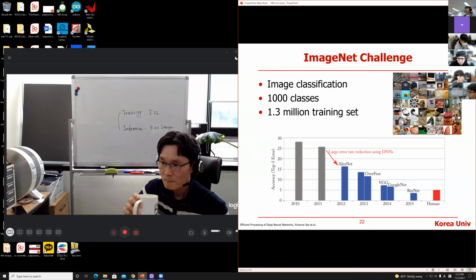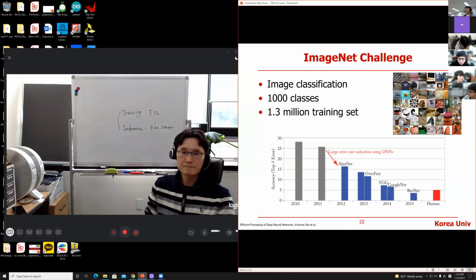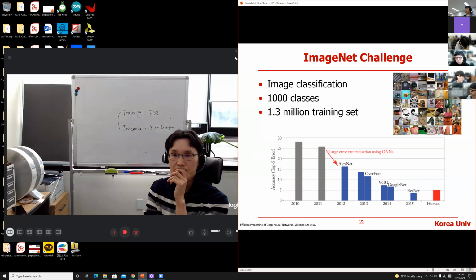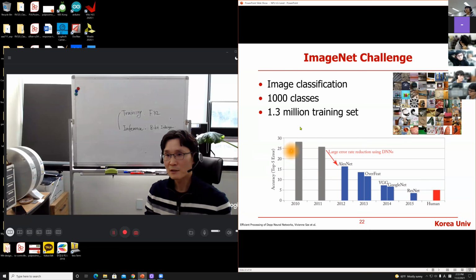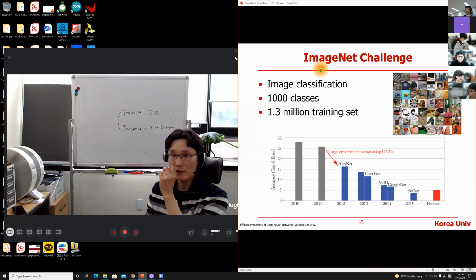ImageNet challenge, image classification, 1,000 classes, and a 1.3 million image training set. I think most of you have heard about this ImageNet competition, right? It started roughly 10 years ago, 2010, 11 years ago.